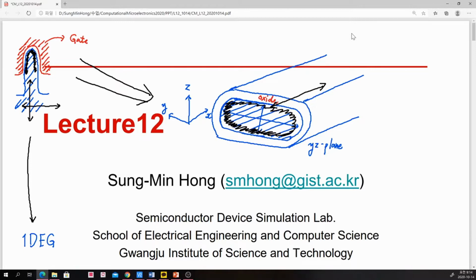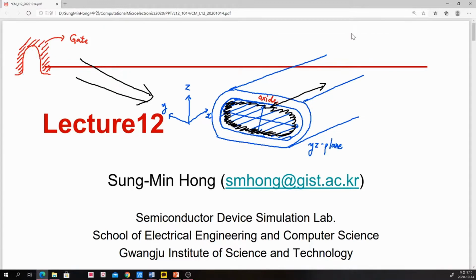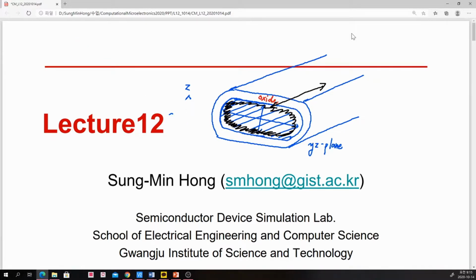So this is the progress of technology currently appearing now. During the last few minutes, I just explained the change of transistor structures from FinFET to gate-all-around structure or nanosheet structures.